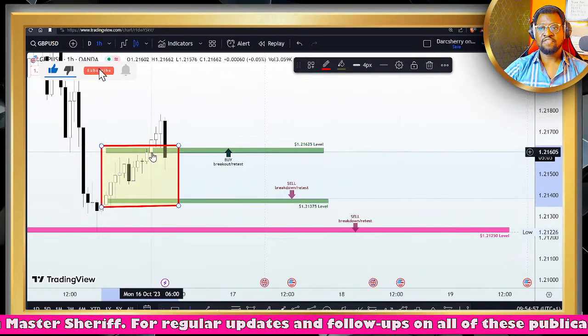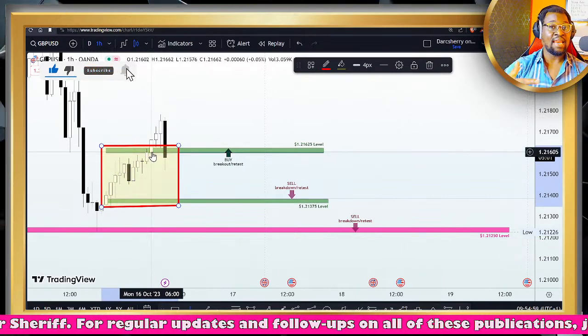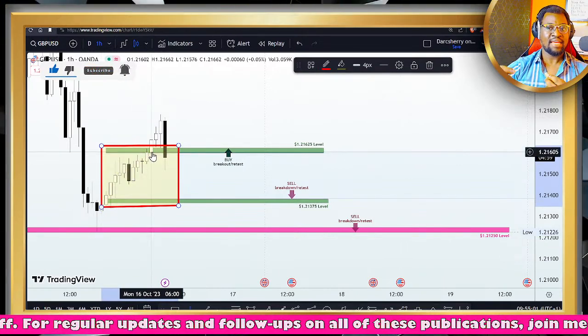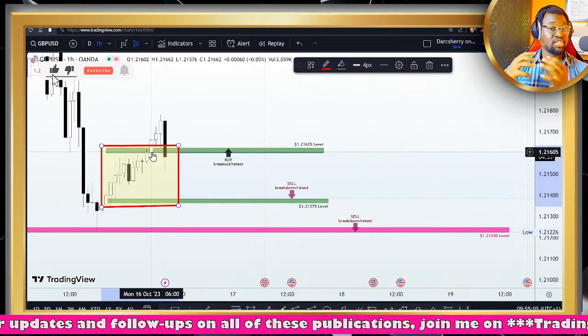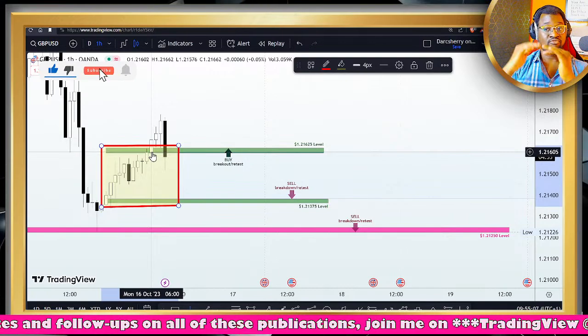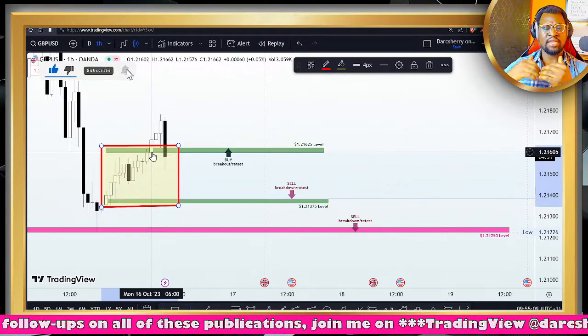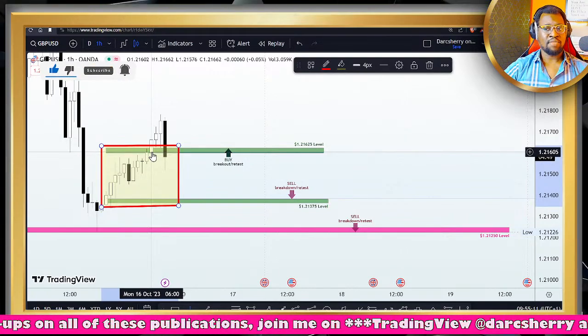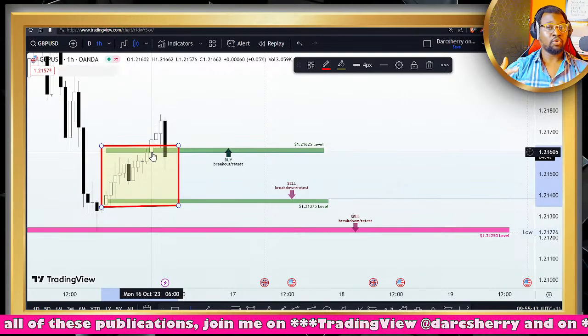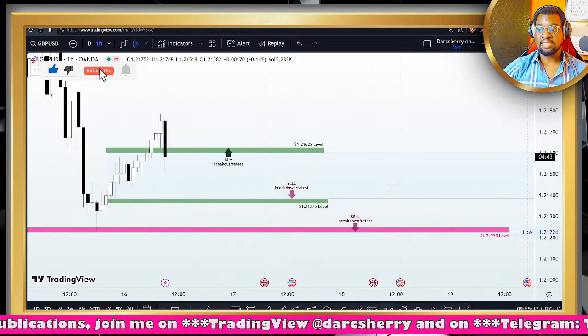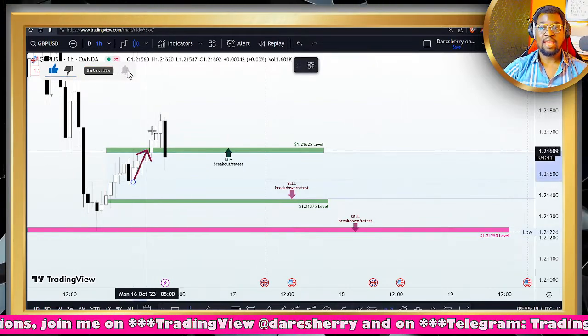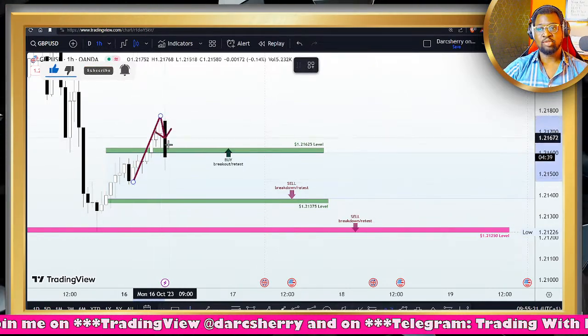Now, if you look at what happened during the early hours of today, we finally saw the breakout of the 1.21625, which happens to be the resistance line of this range. Now, this is a bullish signal for me actually, and price has broken out of that structure. And just an hour ago, we are currently witnessing a retracement into structure.